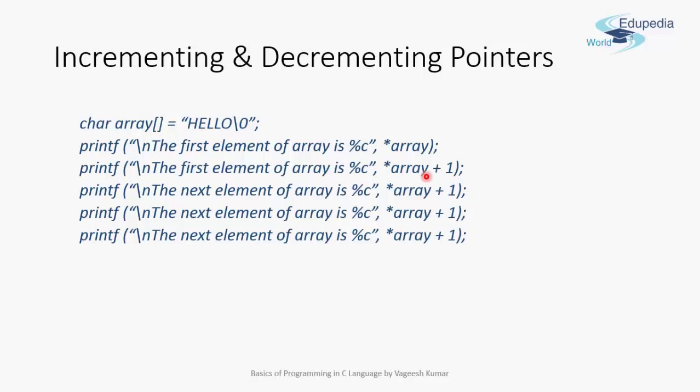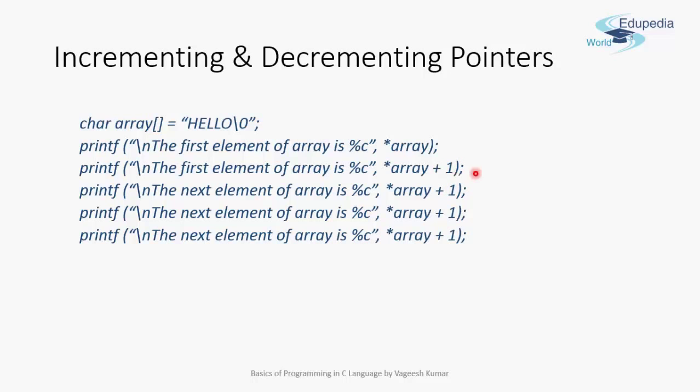Why? Because whenever you increment a pointer in C language, the compiler checks the size of the data type. The data type of this pointer is character, so it will check the size of the character, which is 1 byte. So it will increment by the value you have given here multiplied by the size of the data type.